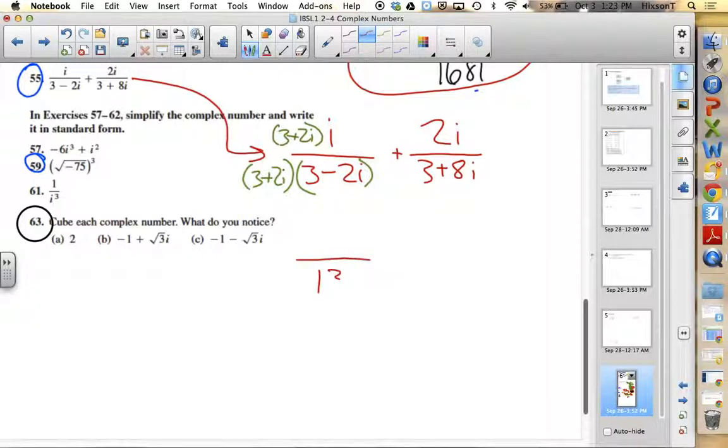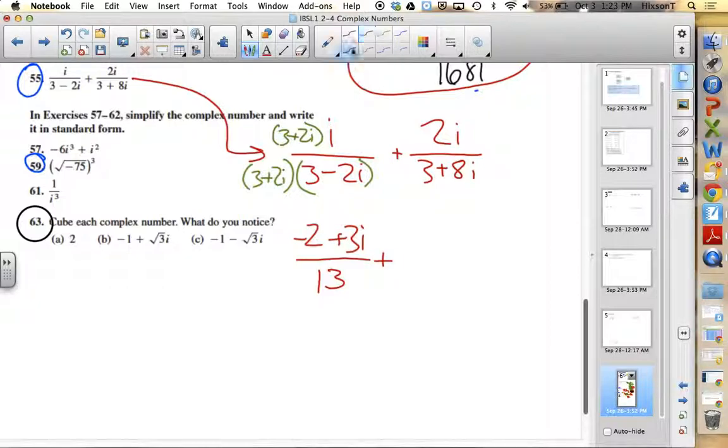Okay, 9 minus 4i squared is minus a negative 4, so plus 4 is 13. In the numerator, I have a plus 3i, and a plus 2i squared, so that's a minus 2. Okay, so that's my first fraction with a rationalized denominator.